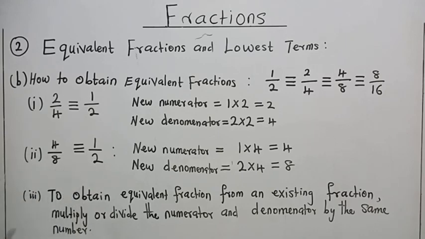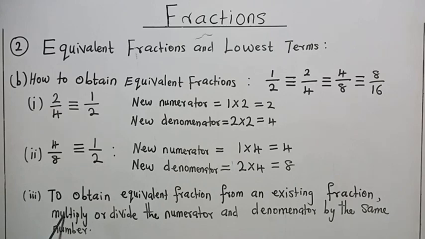Because of that, this word divide is just appropriately placed. Now you see the reason why I said multiply or divide. Again, to obtain equivalent fraction from an existing fraction, multiply or divide the numerator and denominator by the same number.